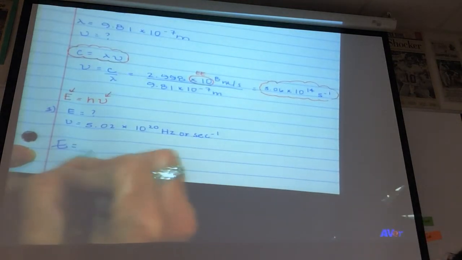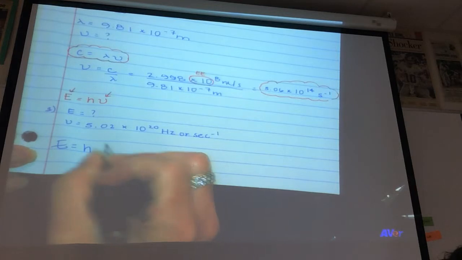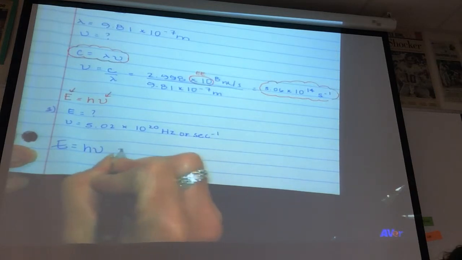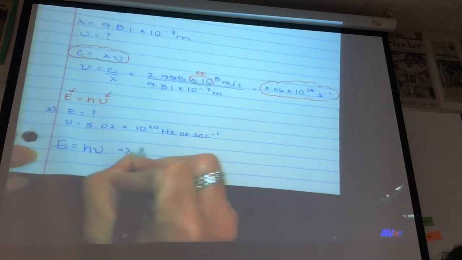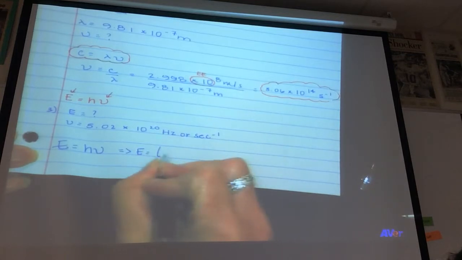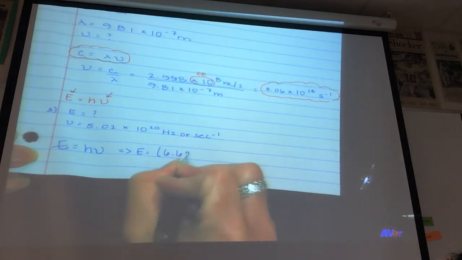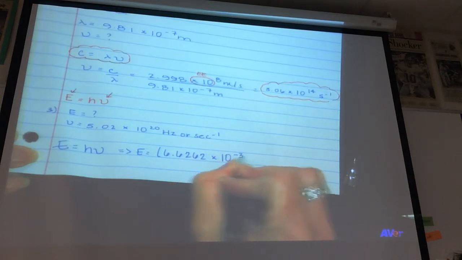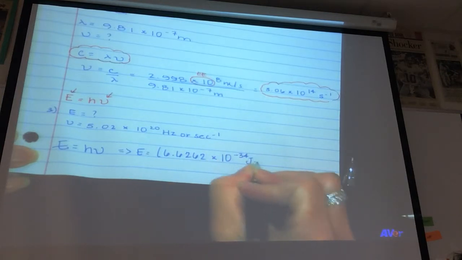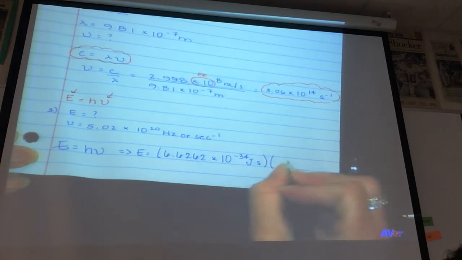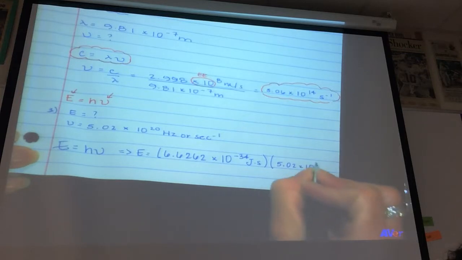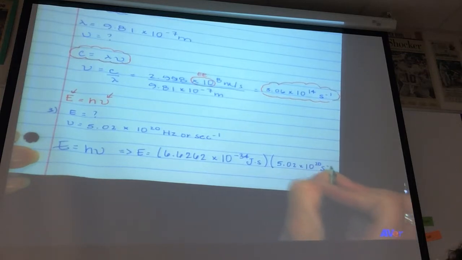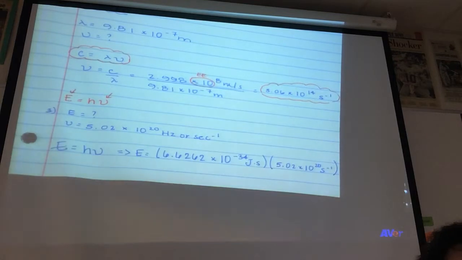Energy is equal to Planck's constant, which is provided, times the frequency. So energy is equal to 6.6262 times 10 to the negative 34 joules times seconds times 5.02 times 10 to the 20th seconds to the negative 1.